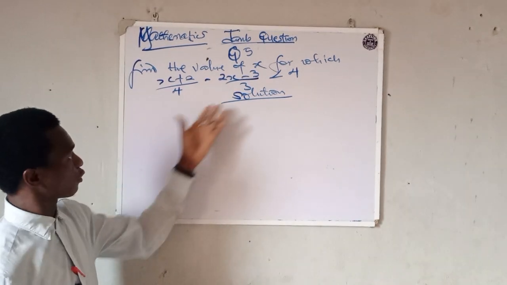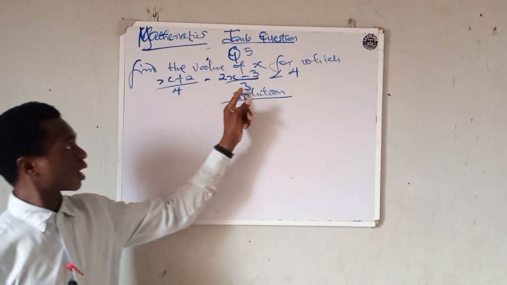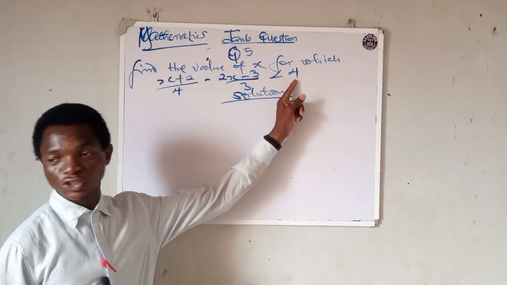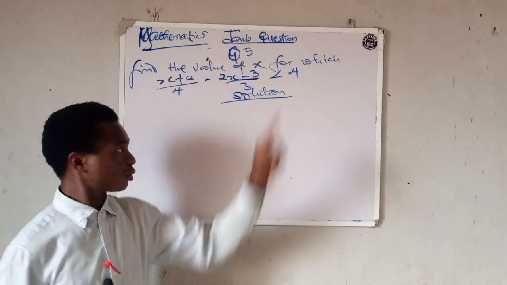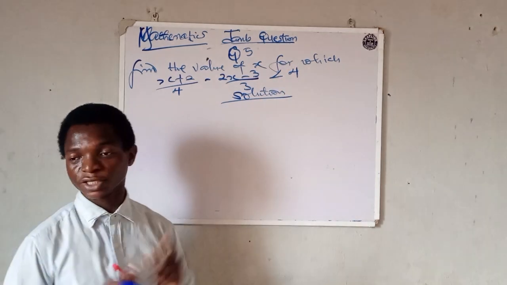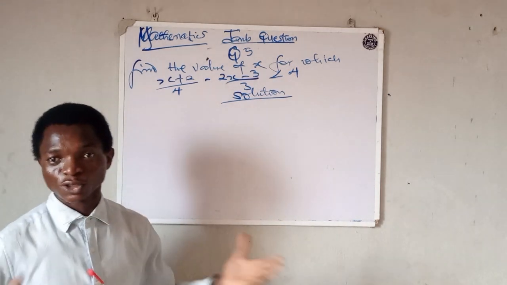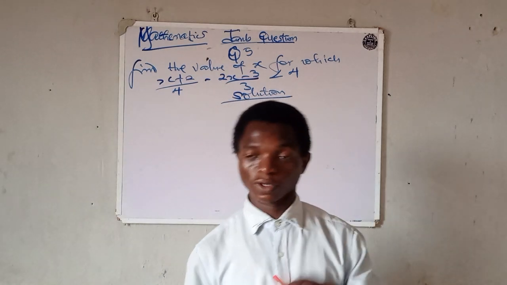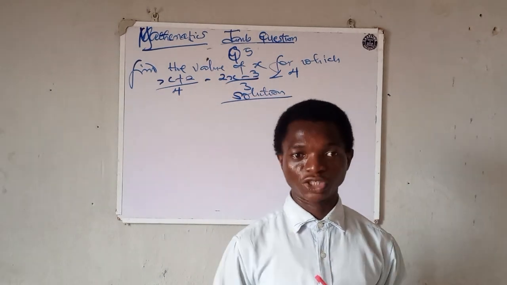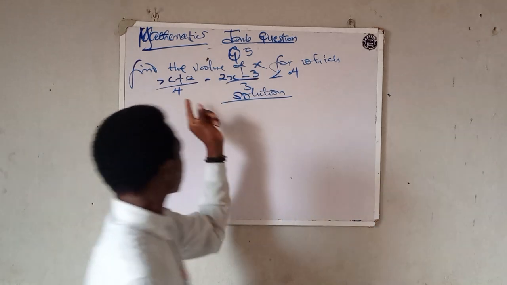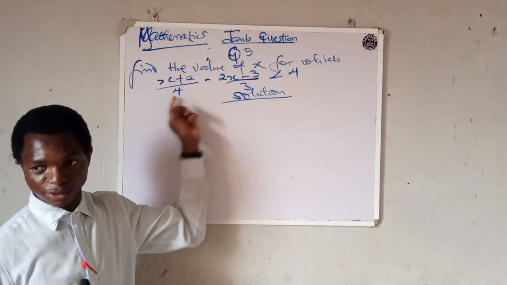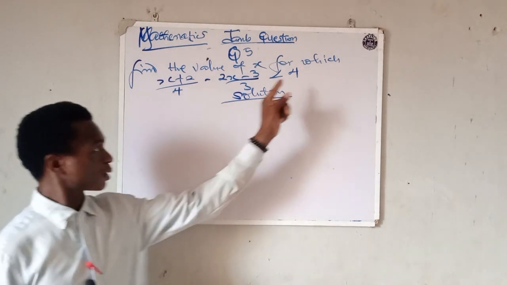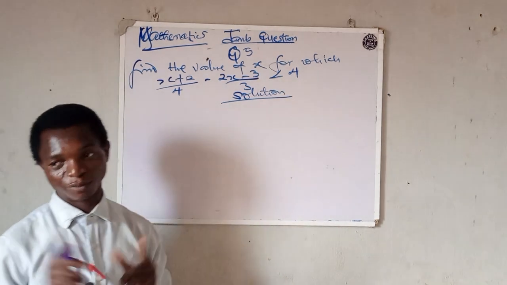The denominators are 4 and 3, as well as an invisible 1, because if you divide 4 by 1, it still gives you 4. So we look at the LCM that will divide 3 and 4, so we can clear the fractions, which is 12. Because 12 divided by 4 is 3, nothing remains. 12 divided by 3 is 4, nothing remains. 12 divided by 1 is 12, nothing remains.